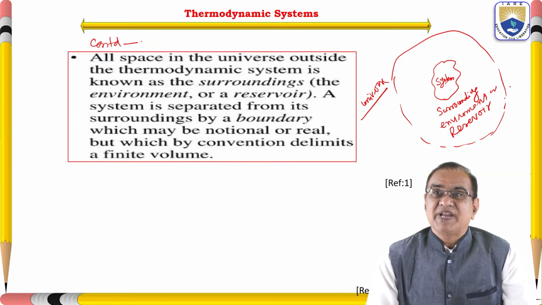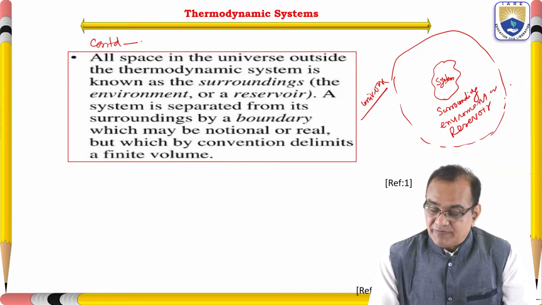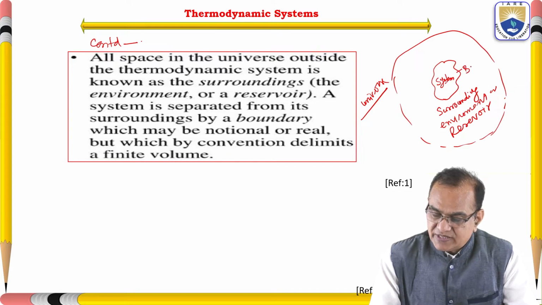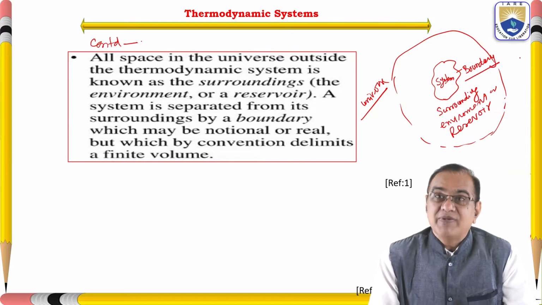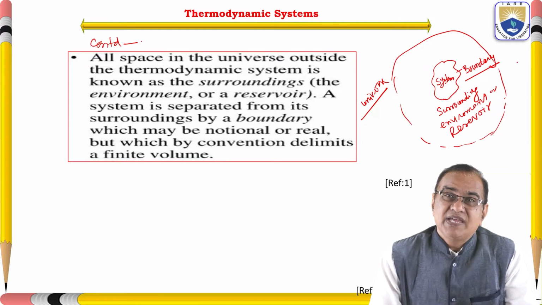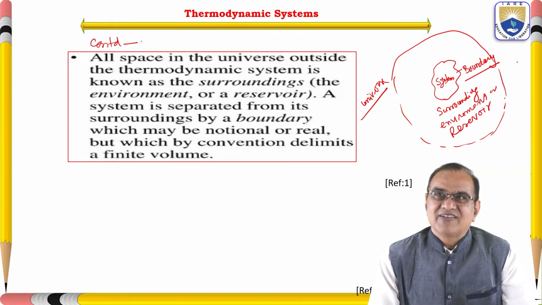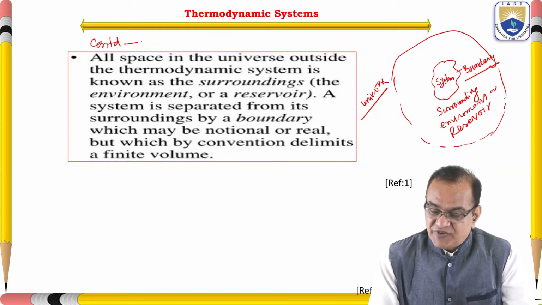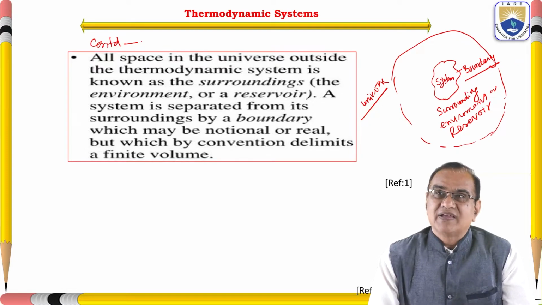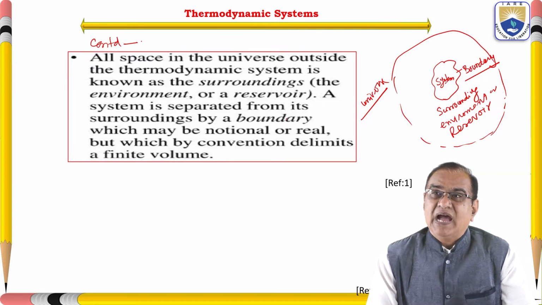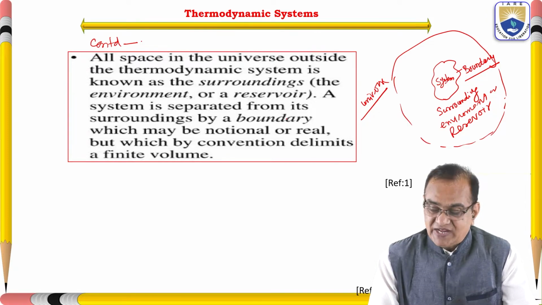A system is separated from its surrounding by a boundary. This is the boundary. This boundary may be real or it may be imaginary. It is not necessarily fixed, it may be moving. It may be flexible, it may be rigid, which may be notional or real, but which by convention delimits the finite volume.